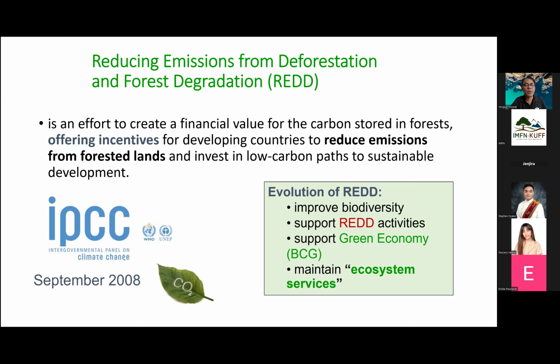It's called the reducing emission from deforestation and forest degradation. So you want to promote the forest plantation and to absorb the carbon through the photosynthesis. So this is the effort to create the financial value and for carbon store in the forest.